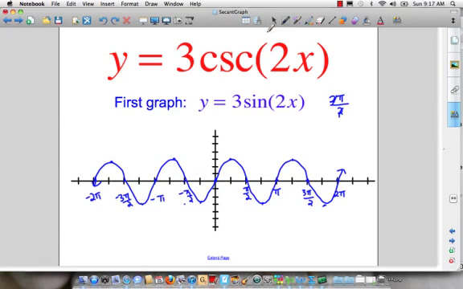Now what I'm going to do is go ahead and graph the cosecant, and it's just a matter of everywhere the blue graph crosses the x-axis, we need a vertical asymptote because that's where the cosecant is undefined.